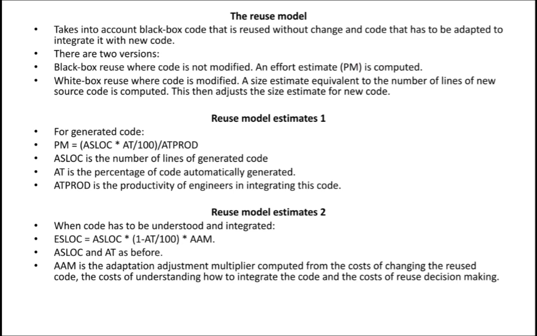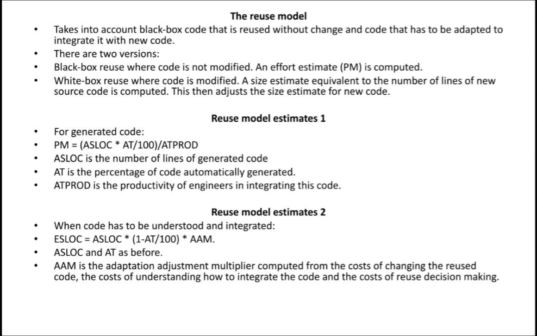In the second thing, when code has to be understood and integrated, here you are not doing any changes. Here if you are making changes you can go for the model estimate 2. Here the formula is ESLOC is equal to ASLOC into (1 minus AT divided by 100) into AAM.